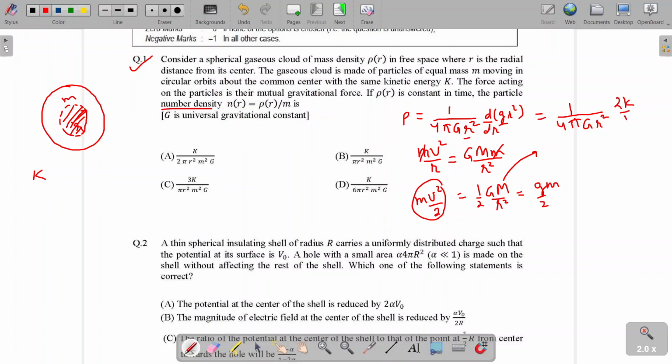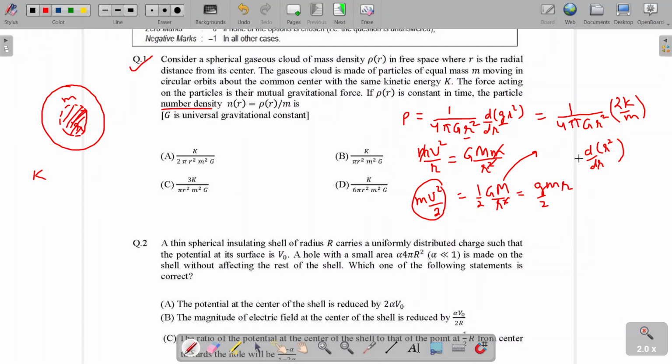2k by m and d by dr of r square. Here 1 r is there, v square by r was there, so since r we have cancelled here, this r will get cancelled, so we have to multiply 1 r here.